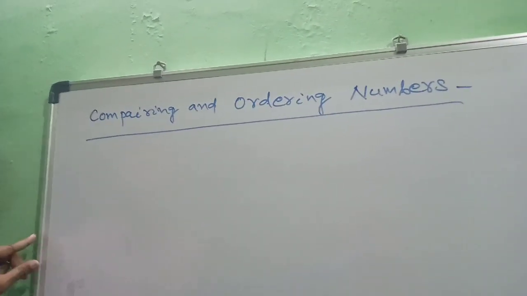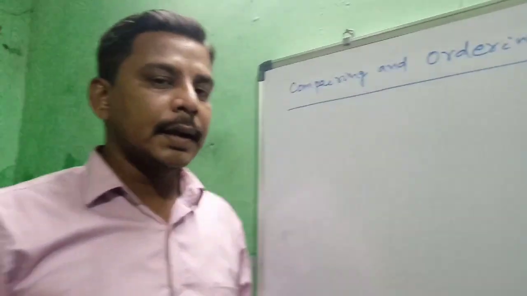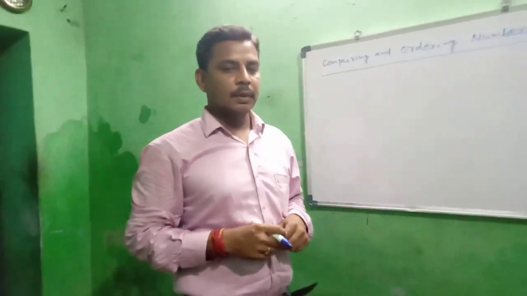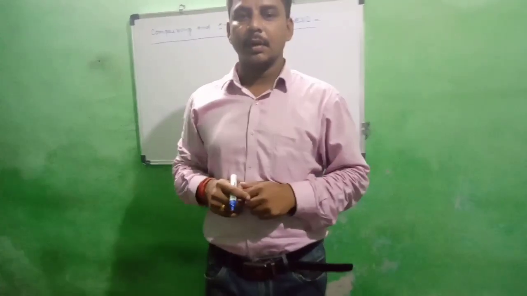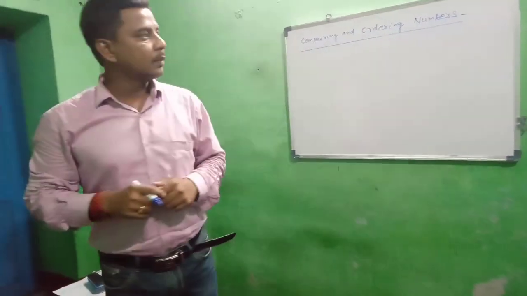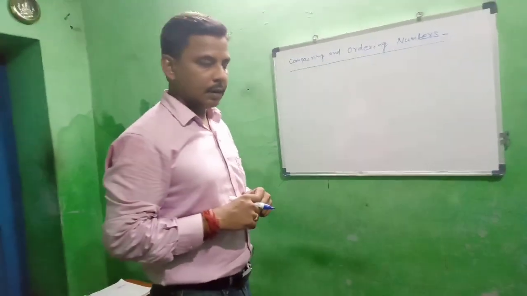Before comparing, let me ask you something. Can I compare myself? No. Can you compare yourself? No. It is impossible. For comparison, we need at least two persons or more persons. Okay.